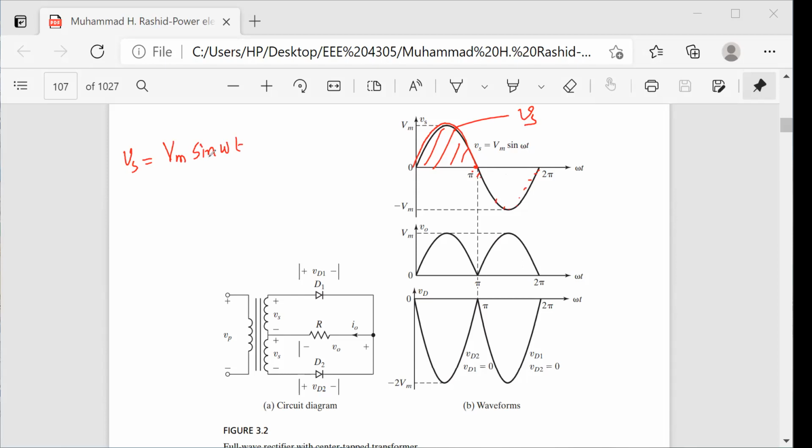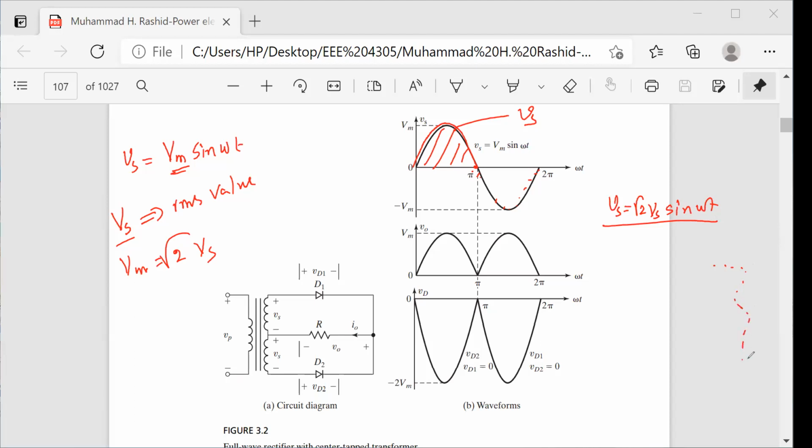Okay, so if you don't know Vm, but you know Vs, that is the RMS value, then what is the relation between your Vm and Vs? Vs equals Vm by root 2. That means Vm equals root 2 multiplied by Vs, right? So then you can always say root 2 Vs sine of omega t. Can you see that thing? Can you see this area also?